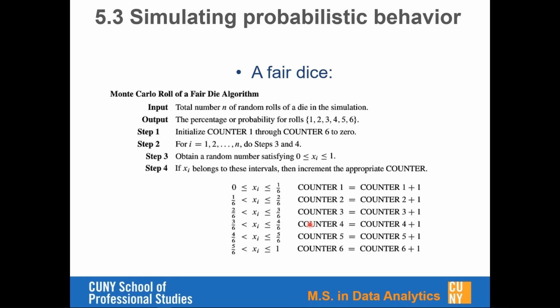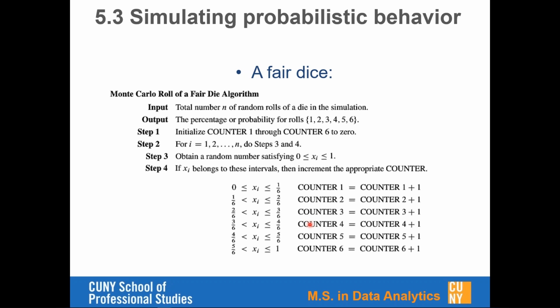If the random number is between 0 and 1/6, then we say that counter 1 should be incremented. We can design 6 counters, and divide each counter by the total number of throws. We would get the probability of the specific number that we are looking at.